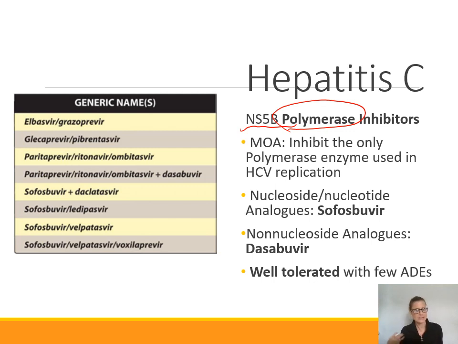It's absolutely necessary for viral replication. Now we have two different classes of drugs that can inhibit this polymerase. So, different types of these polymerase inhibitors. We have nucleoside or nucleotide analogs and then non-nucleoside analogs.